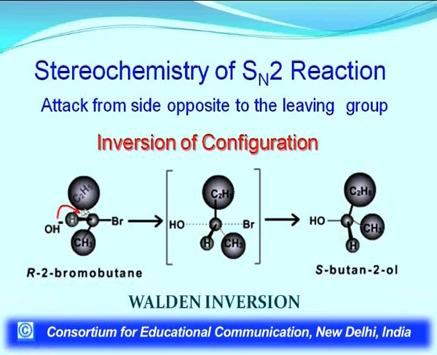The configuration of the starting molecule gets inverted by this mechanism, and this inversion is also known as Walden inversion. It was studied by the scientist Walden, so it is named after him. So, the SN2 mechanism proceeds with inversion of configuration.